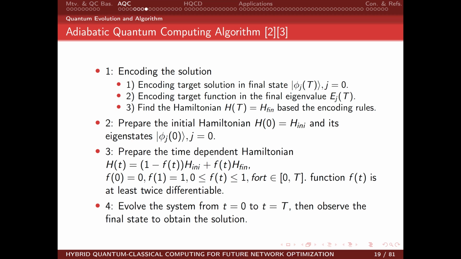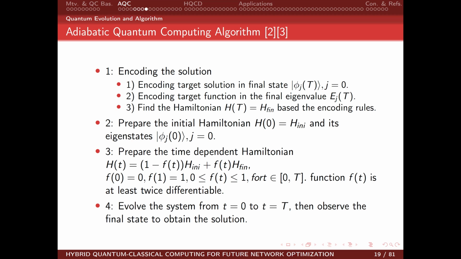And after we finish this encoding part, then what do we do? Here is the final part, right? The final state of the quantum system. Then in order to simulate this quantum system, we need to prepare the system at the initial status. So likewise, we need to find the initial Hamiltonian of the system, and we need to design its initial eigenstate.